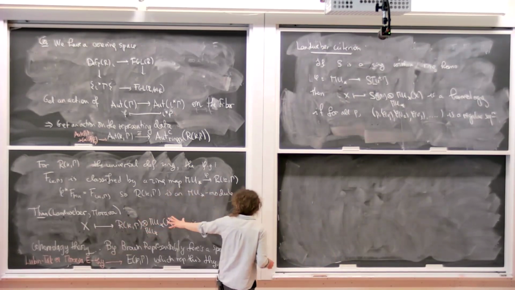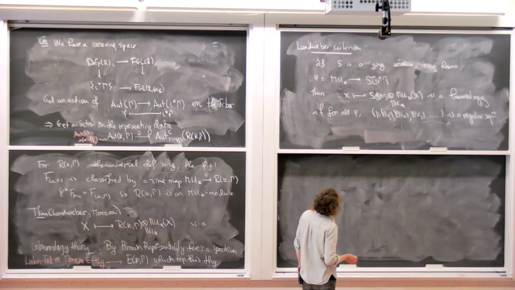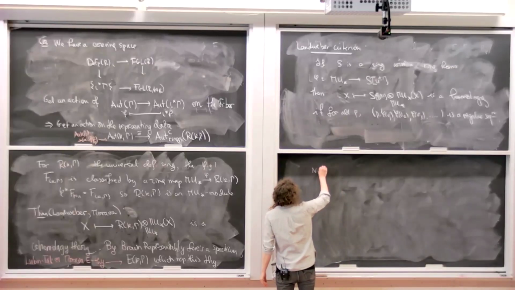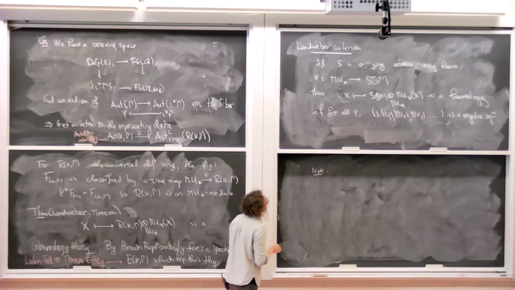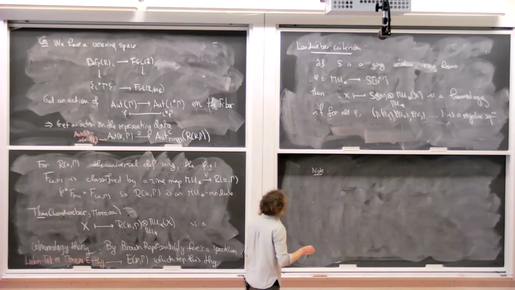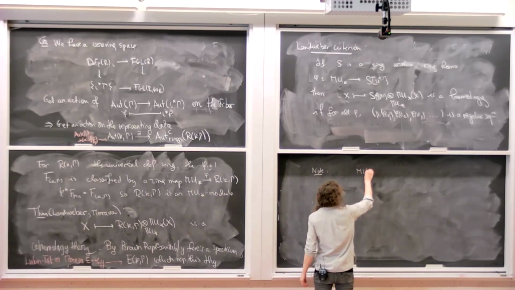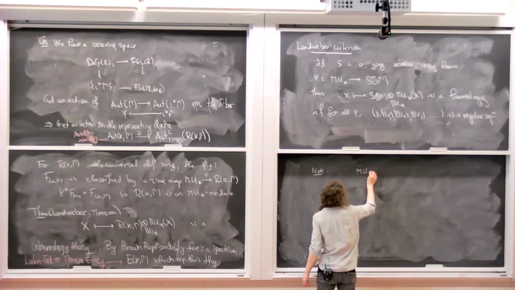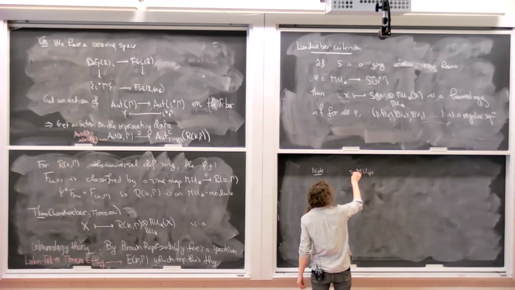I'll focus on Morava E theory for the rest of the lecture, but I just wanted to note an example of a ring that has this property. I take mu star, mu localized at P, and take the homotopy groups of this thing.